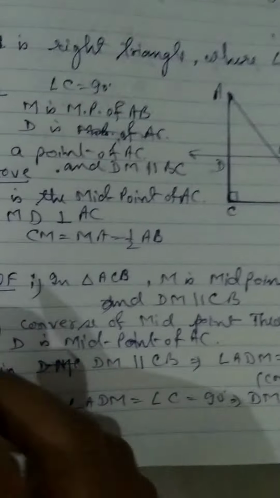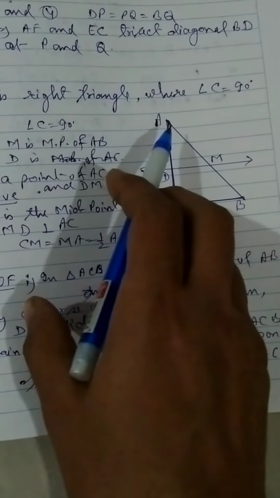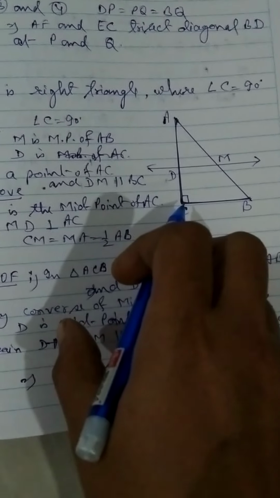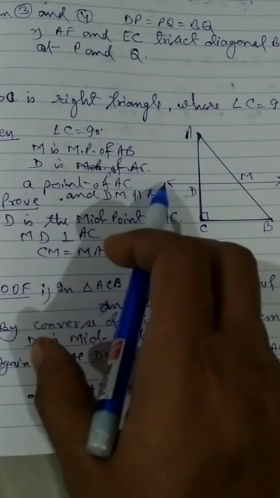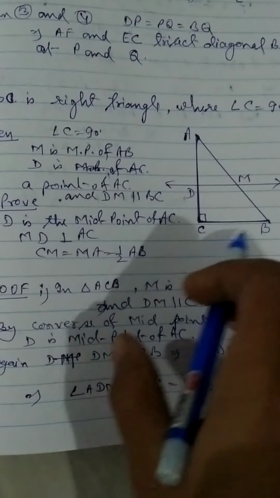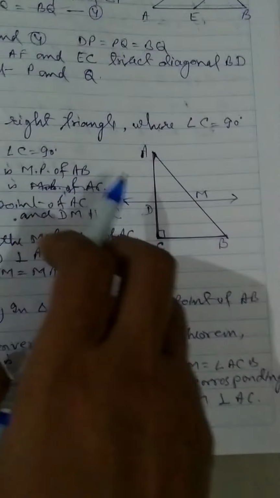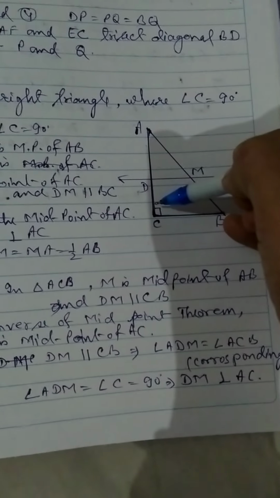Now come to question number 7, in which it is given that in triangle ACB, C is the vertex where a right angle is formed. Now M is the midpoint of the hypotenuse AB, and a line parallel to the base BC is drawn which cuts the side AC at D. Now what to prove? That D is the midpoint of AC. This is the first part.